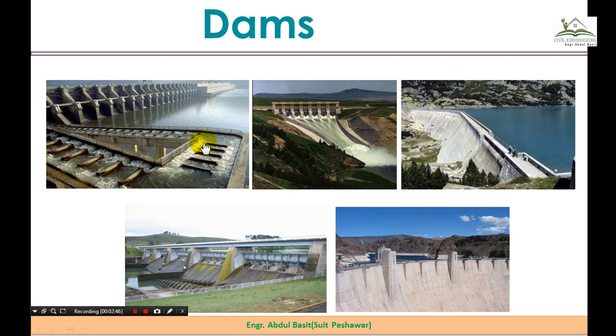This is basically constructed for the movement of fishes on the upstream and downstream sides of the river. As we have provided a barrier for the flow of water, this barrier equally restricts the movement of the fishes.